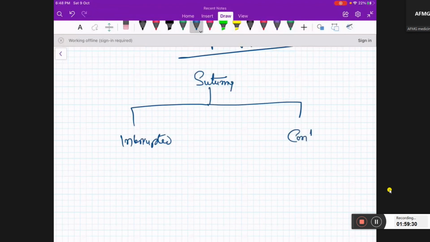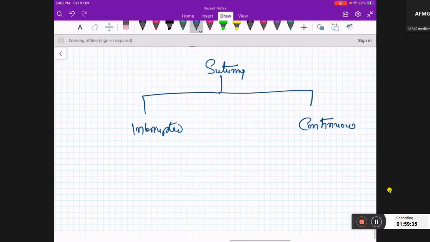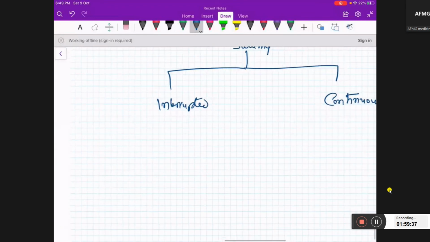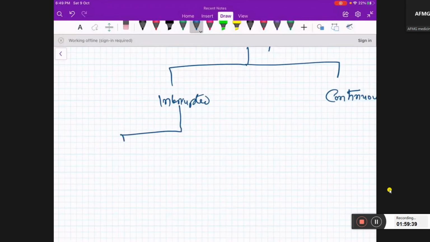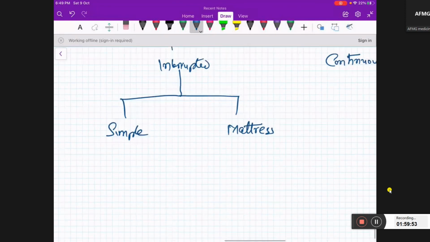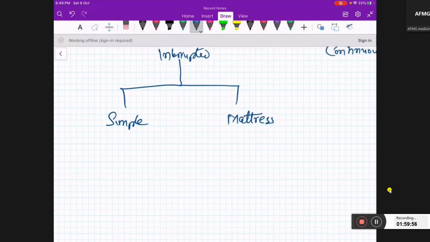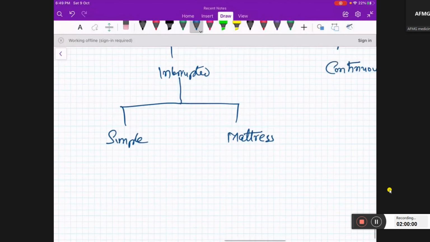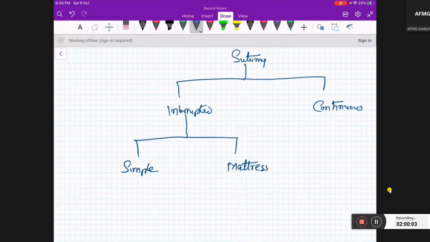Another is the continuous suture. In interrupted sutures, we have the simple interrupted suture. We have the mattress interrupted suture.